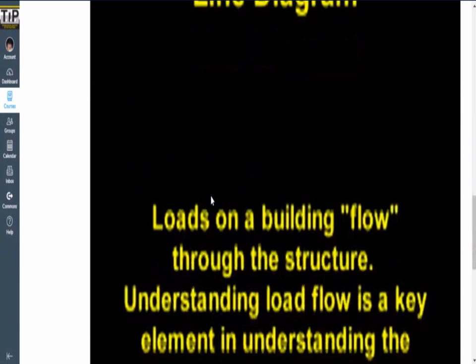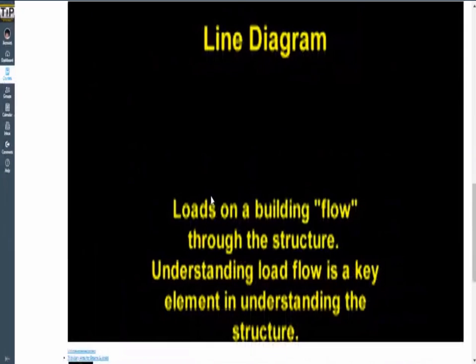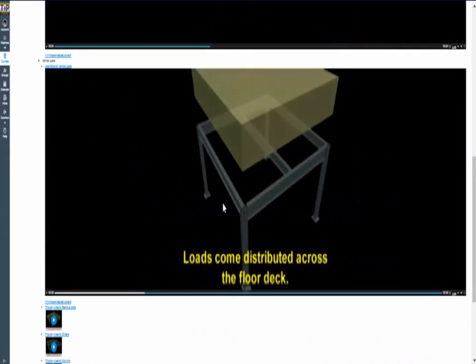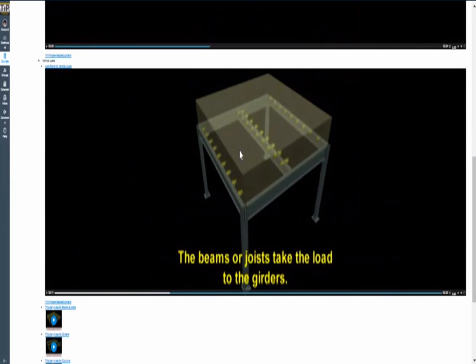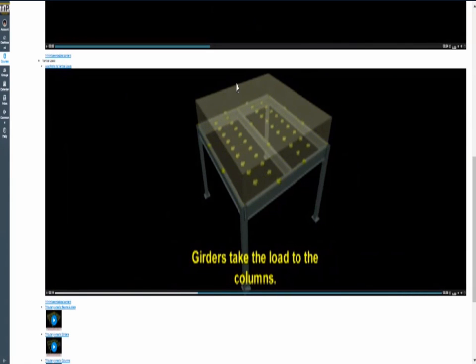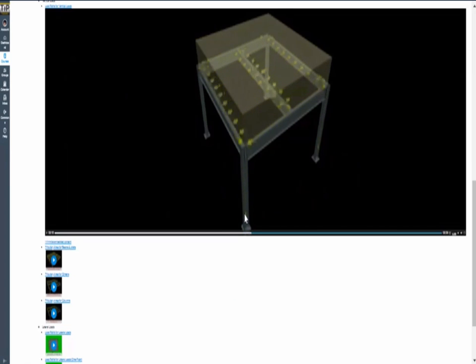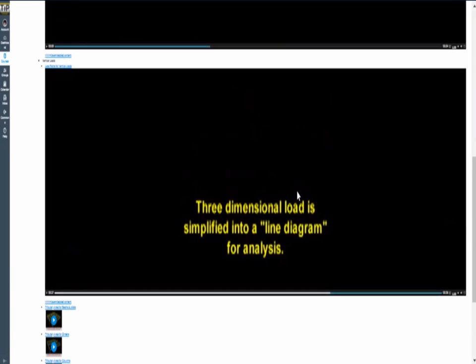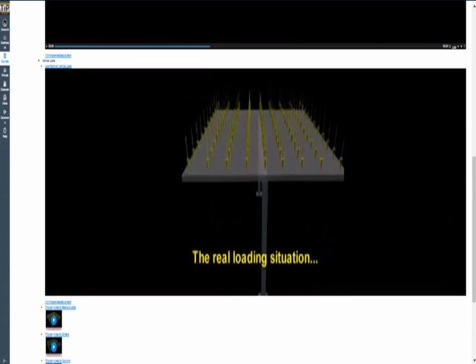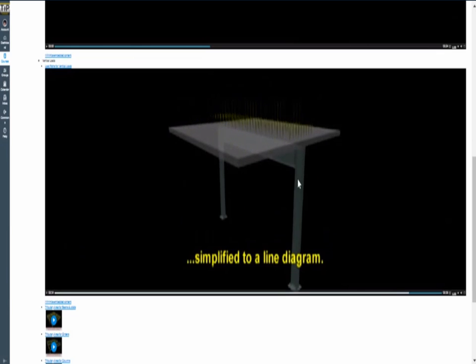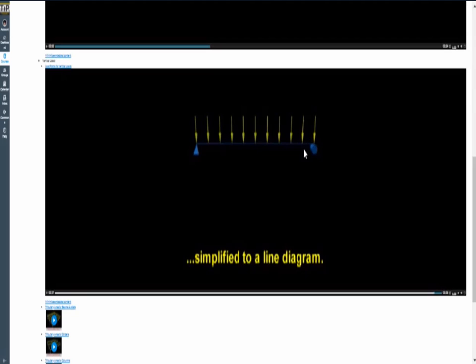This one. That's how the gravity load is distributed. It goes through the slab, through the beams, and then to the columns. And lastly it goes to the foundation, and then we transmit it into the soil. So that's how we distribute the loads.